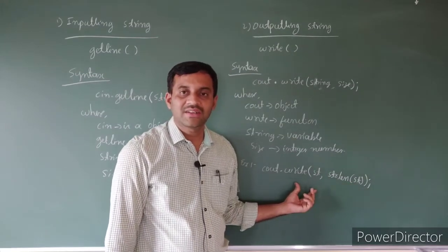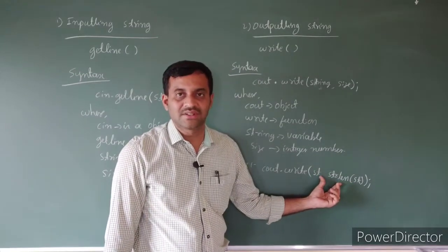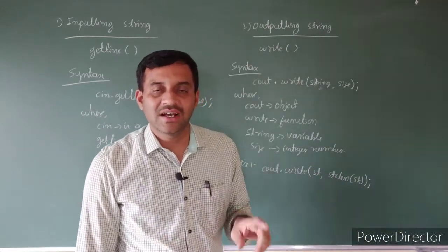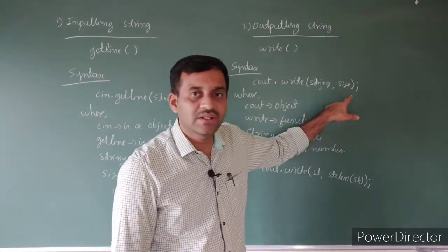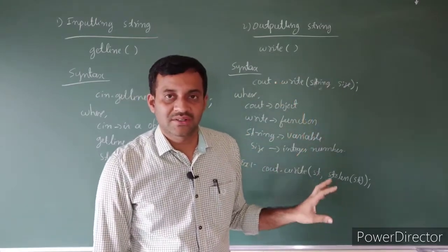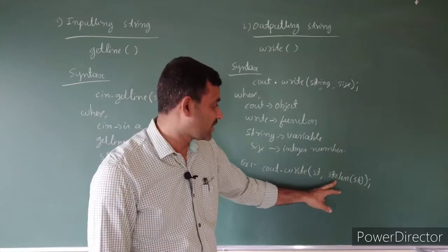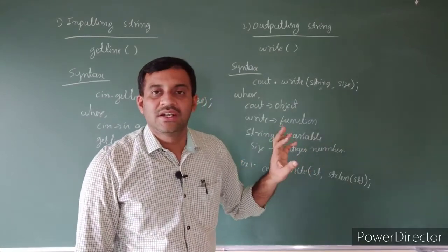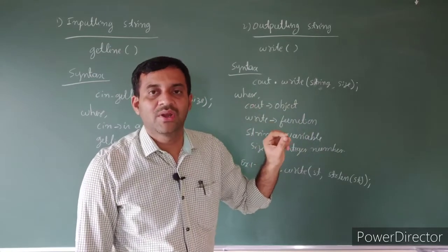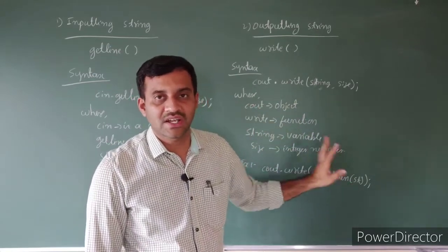Hence, while writing, while outputting a string, we use the strlen function in the place of size. If you write static values here in the place of strlen, it displays all the characters up to the null character. To avoid that, we have to use the function strlen.